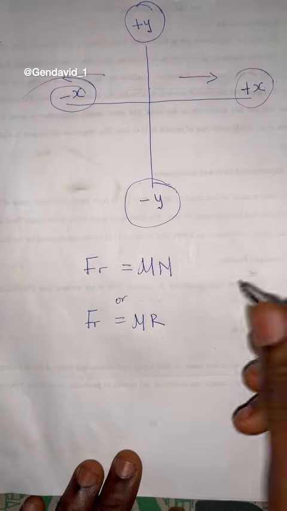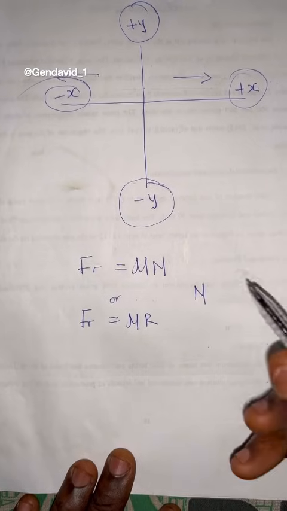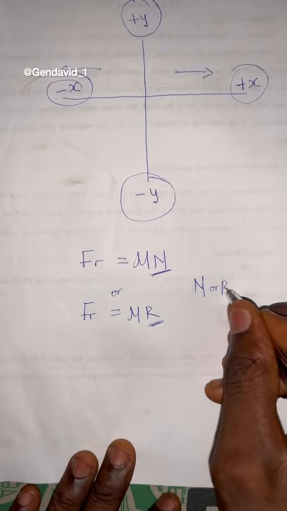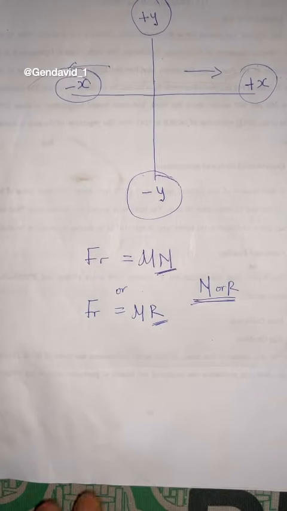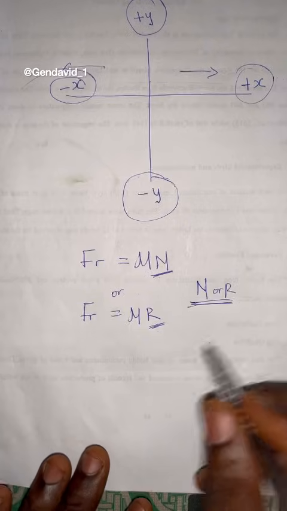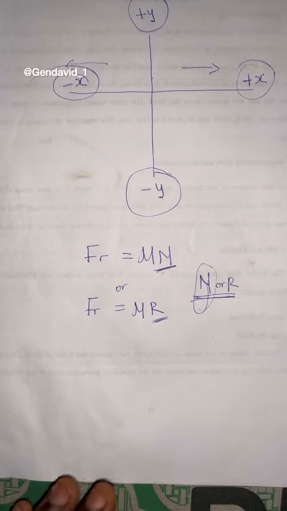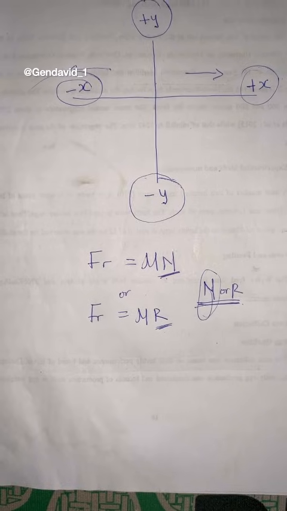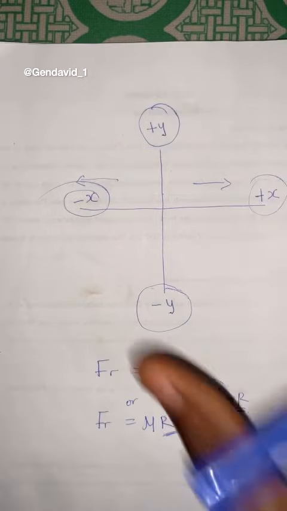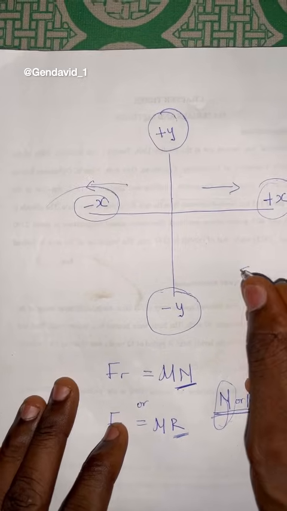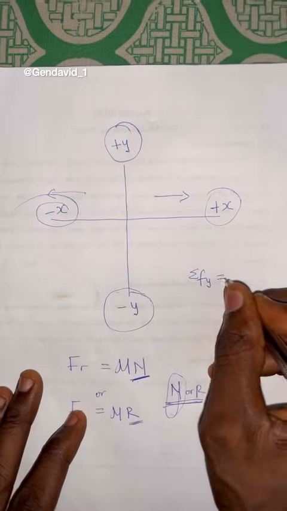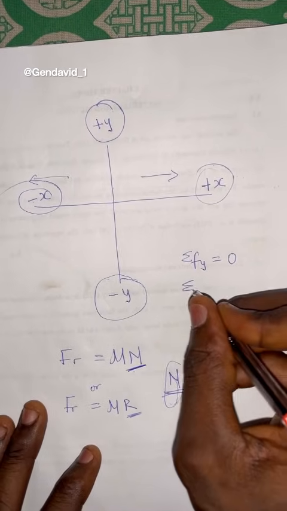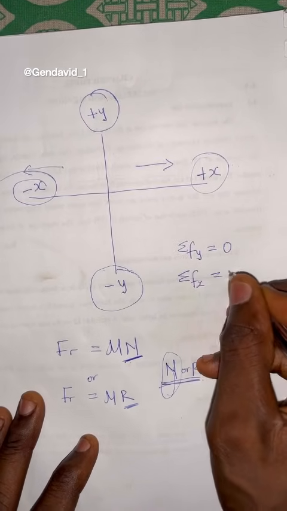R. I told you that in some textbooks, they represent normal force as N, or they use R. So anyhow you want it, you either use N or R. But from here, I'll be constantly using N. I will not use R. So whenever you see N, it represents the normal force. And when you talk about these axes, the summation of the forces on the y-axis is always equal to 0 here. And the summation on the x-axis is also equal to 0.